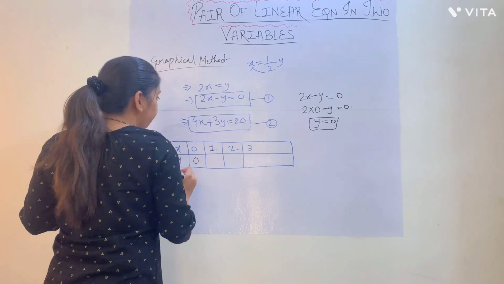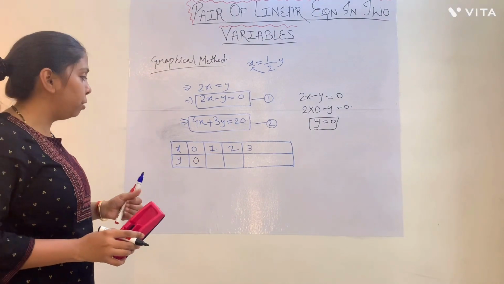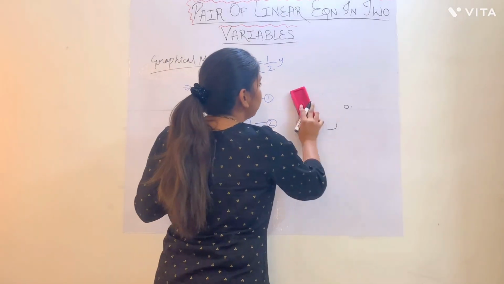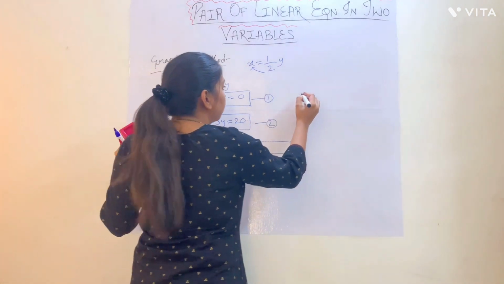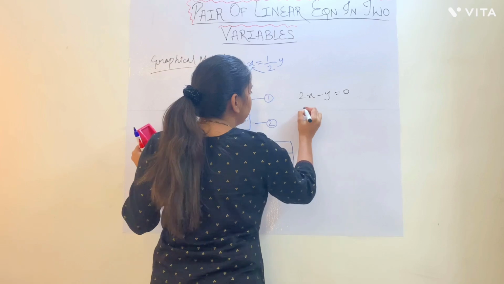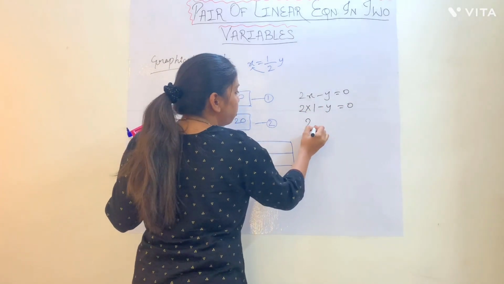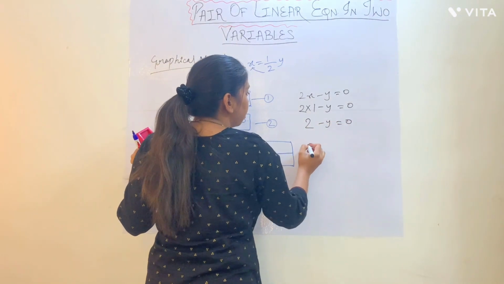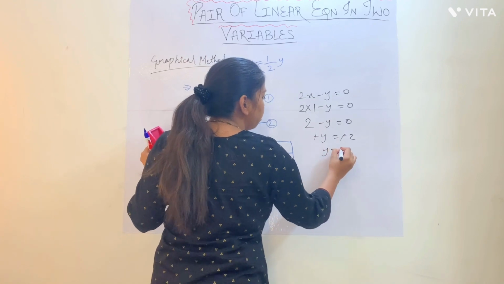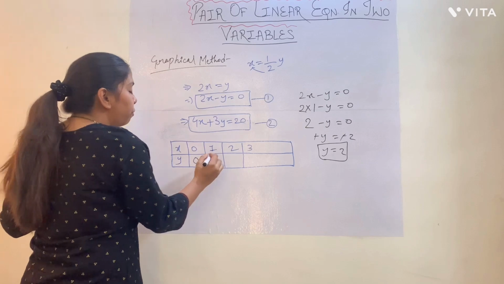Next, take another value, x is equal to 1. Here 2 minus y is equal to 0, so y is equal to 2. At x equal to 1, the value of y is 2.